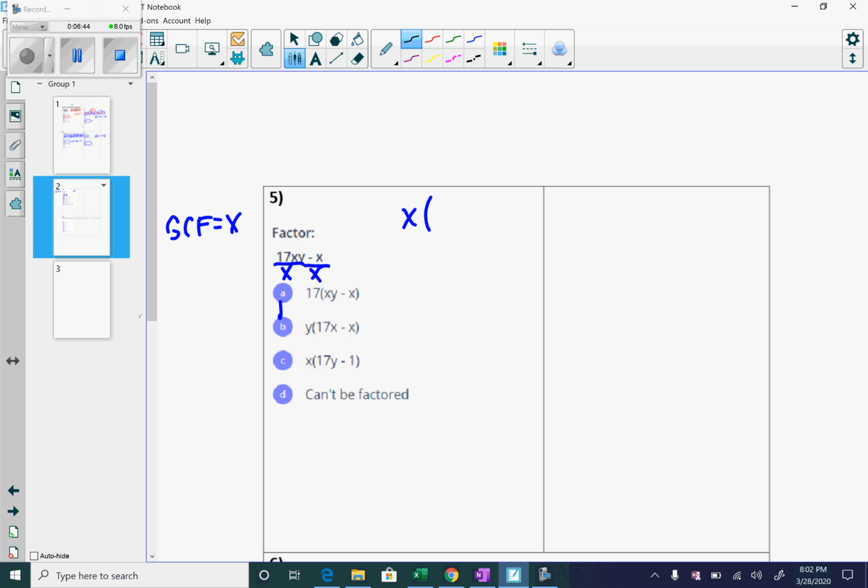And then when I divide, I'm left with 17y. Be careful here. X divided by x is just 1, but we have to bring down that negative. So it's -1. Again, if you want to check this, distribute: if you multiply x times 17y, you get 17xy, and x times -1 gives you -1x, or just x. So the answer is choice C.